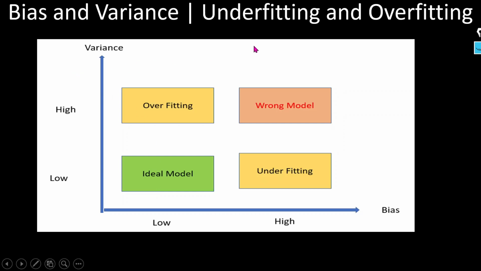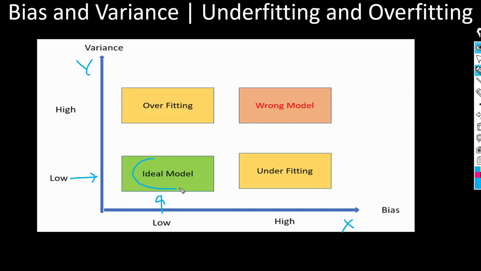So let's understand bias and variance, underfitting and overfitting in this particular image. As you can see, the x-axis is your bias and the y-axis is your variance. When we have low variance and low bias, we get the ideal model, right? And once we have high bias and low variance, high bias means high error in training and high error in testing, and less variability in the prediction between the training and testing, then we get underfitting.